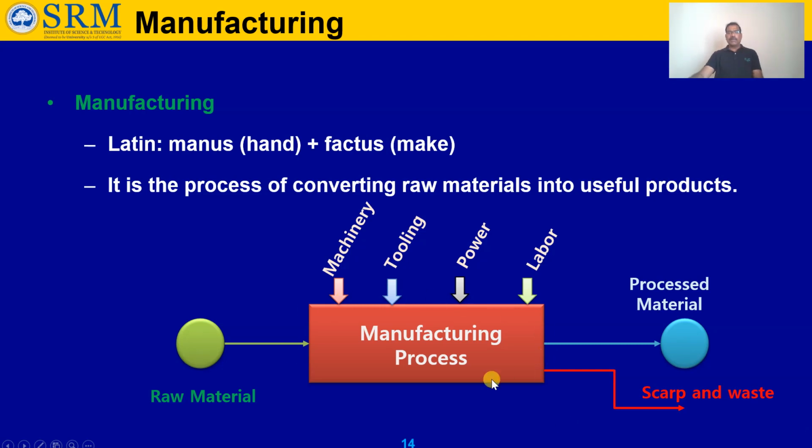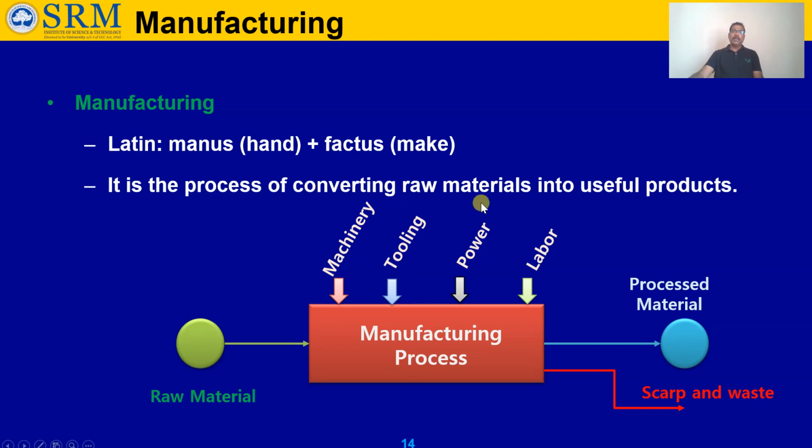So manufacturing processes include many things. One, machineries: turning machine, milling machine, grinding machine, shaping machine, EDM, wire cut EDM machine, ECM machines, everything comes under machineries. Tooling: single point cutting tool, multi point cutting tool, grinding wheels, and wire for wire EDM cutting, everything comes under tooling.